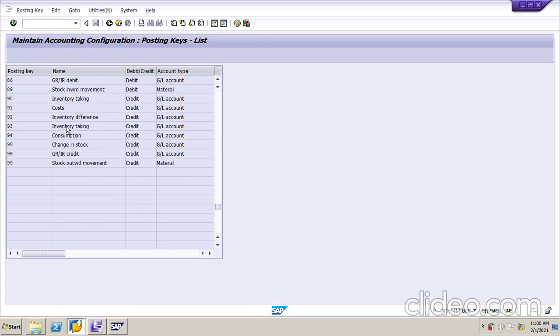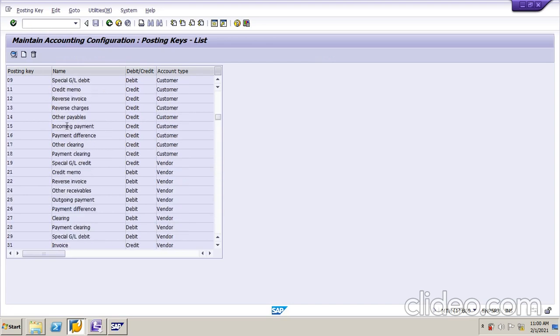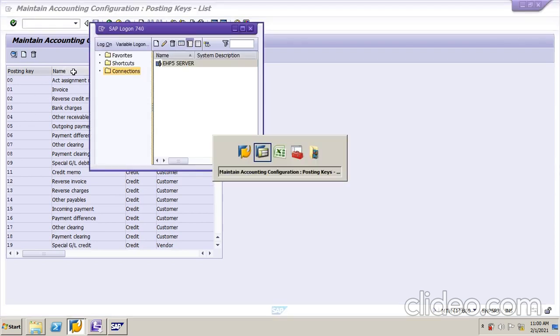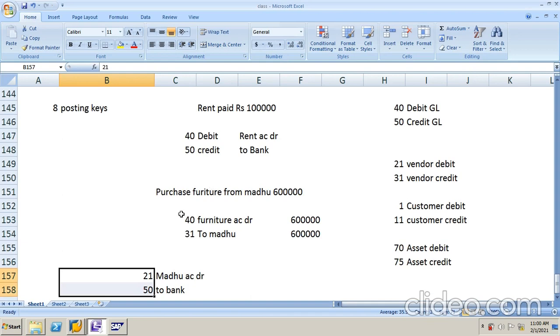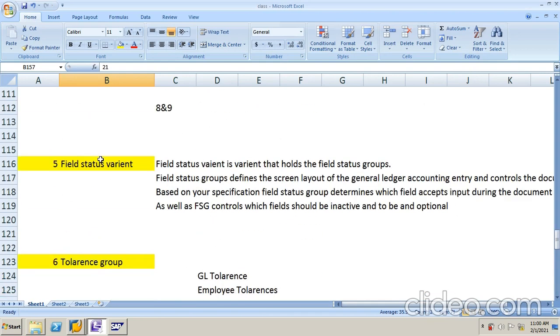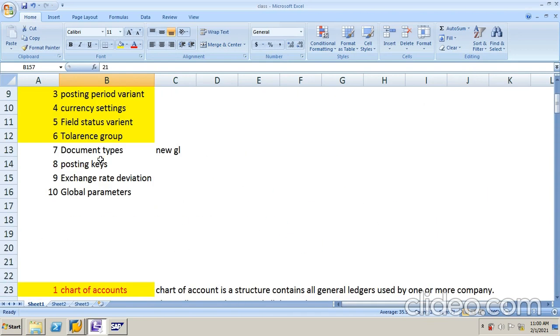We don't need to create anything new, they are already there. We can use these. So like this we have to use the posting keys. Up to here is done. We did not discuss these two topics; we will discuss them in new GL.